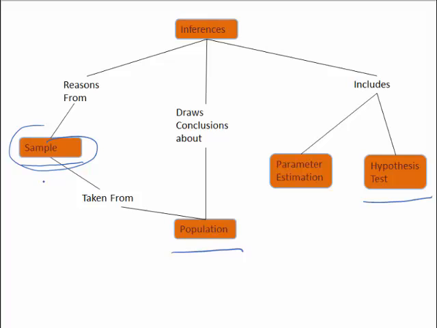So using the sample, we can infer about the population. In our case, we're inferring the average power output of a solar cell, and this is an example of a parameter estimate. So that maximum power output from a cell becomes our parameter estimate.